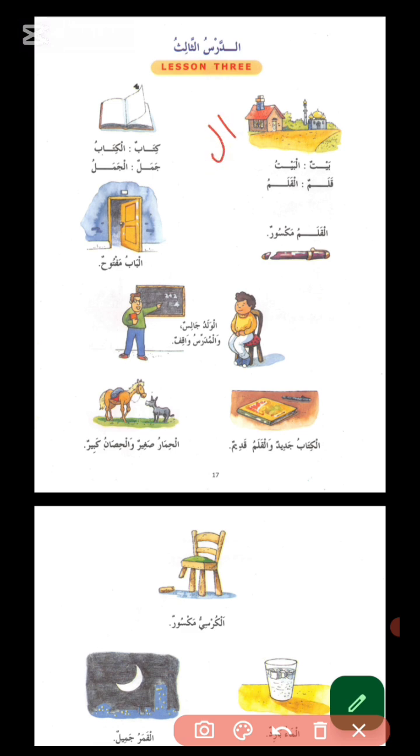So here we may notice that al-baytu is prefixed by al, the definite article, and it will mean the house.